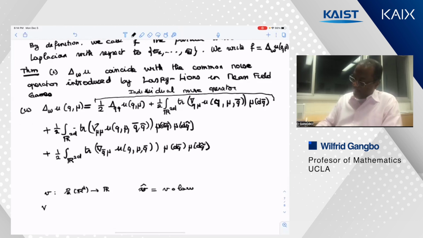I compute the Hilbert gradient of V hat at X. And we have a theorem saying that it can be factorized to obtain the Wasserstein gradient of V at mu composition X. So the Wasserstein gradient of V at mu is a vector field from Rd to Rd.